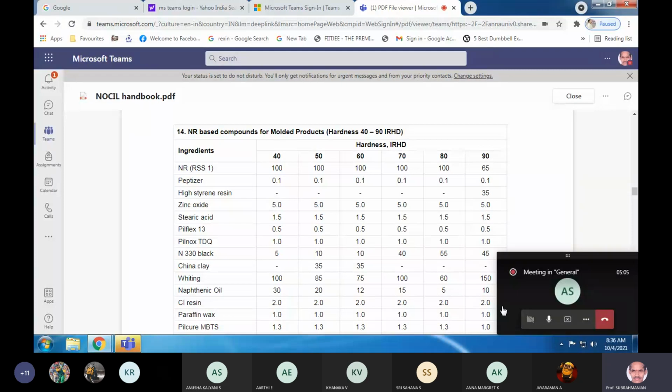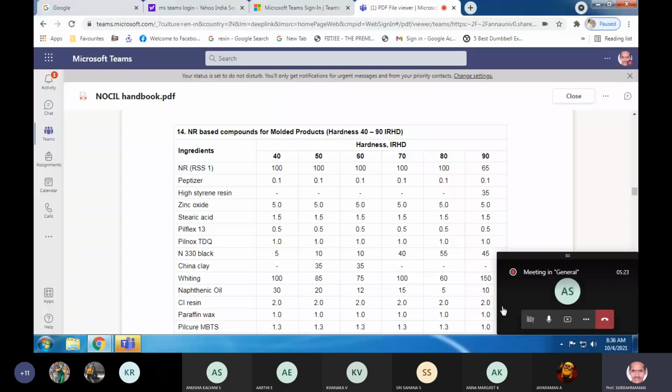Flexibility goes with the softness. Hardness goes with the solid character. So how much solid character should this product have? And as a result, one gets an idea of the modulus, the stiffness, and so on.